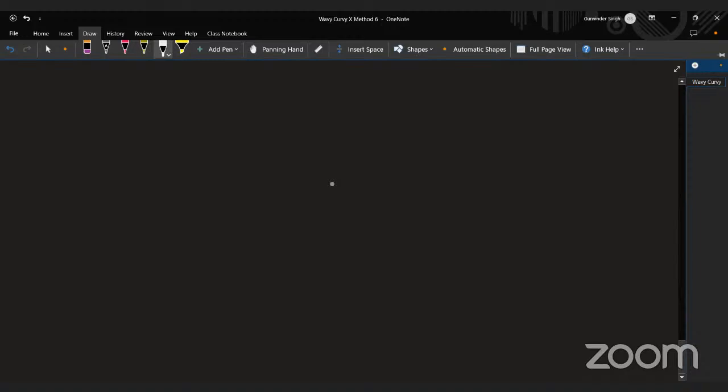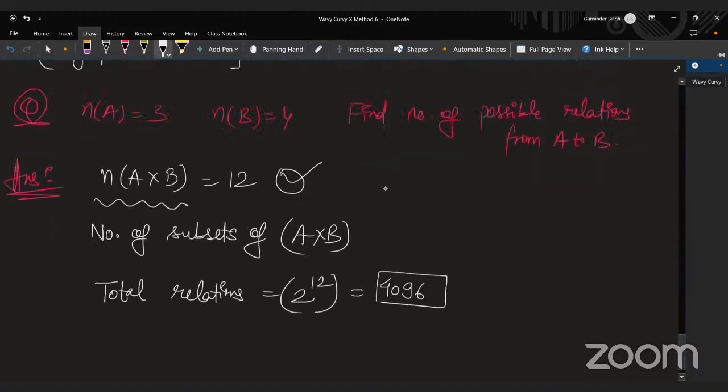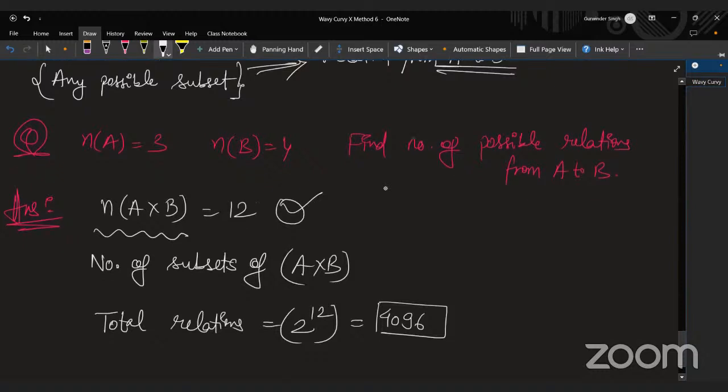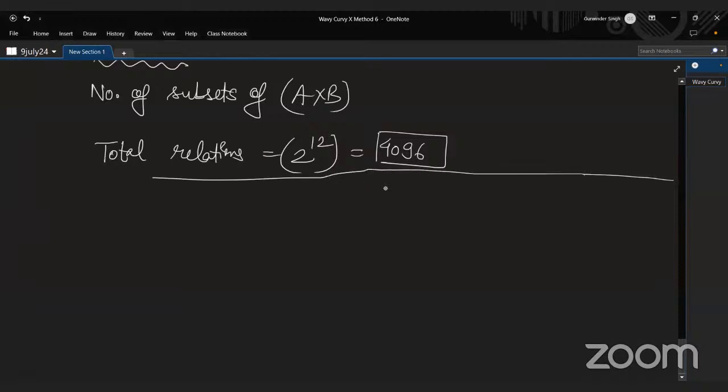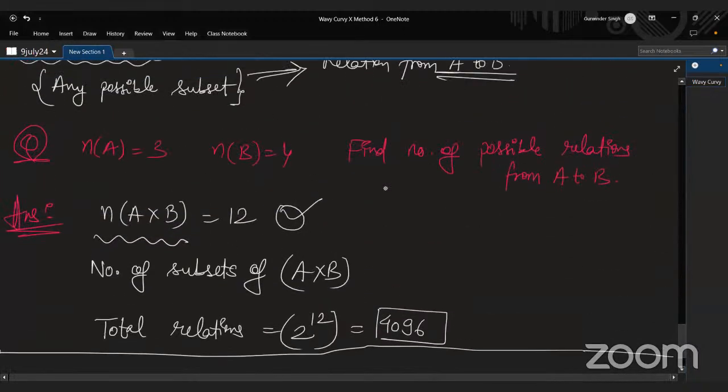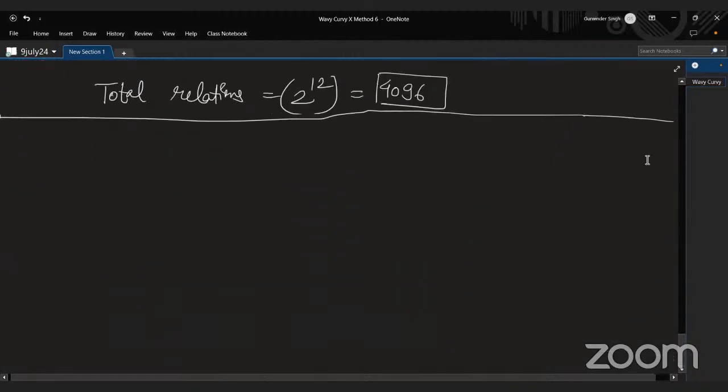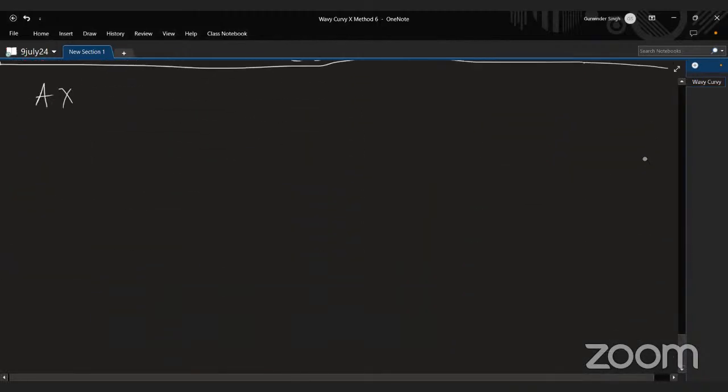So this is what basically a relation means. You have calculated A cross B of any possible two sets.